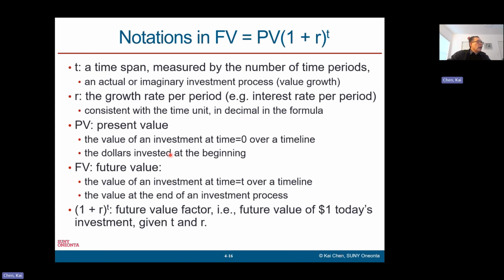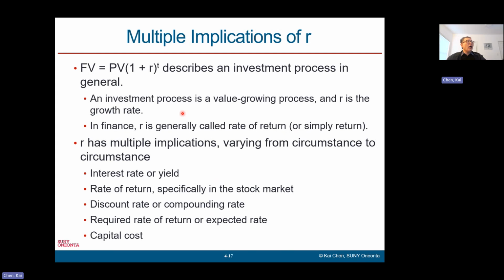So that is the future value formula, and we have a better understanding of this formula. Now let's look at R, which is very important. Actually, in finance, R has multiple implications.